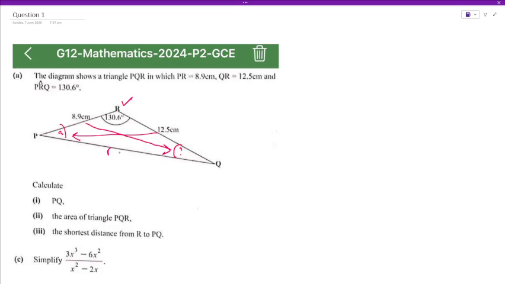Therefore, you can't use the sine rule here because the sine rule requires that you should have at least one side and its corresponding angle given in order for you to solve the question.